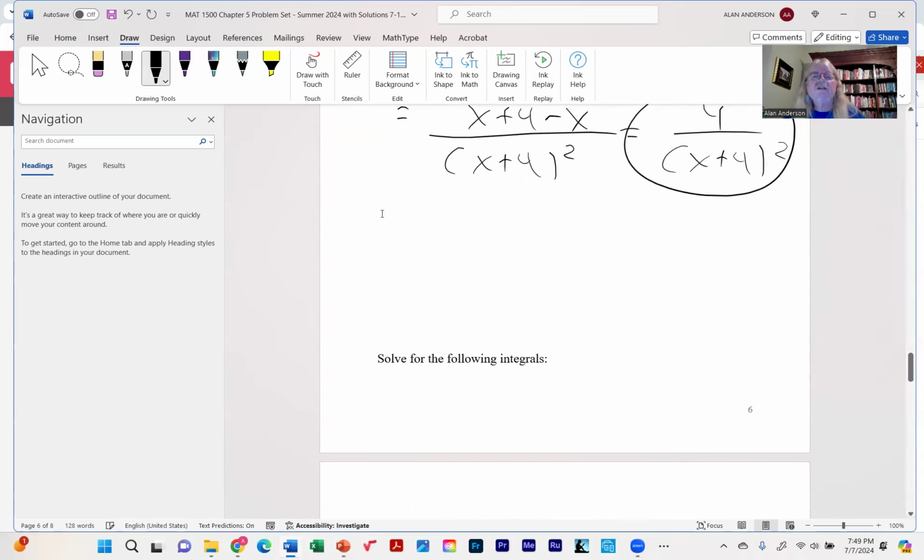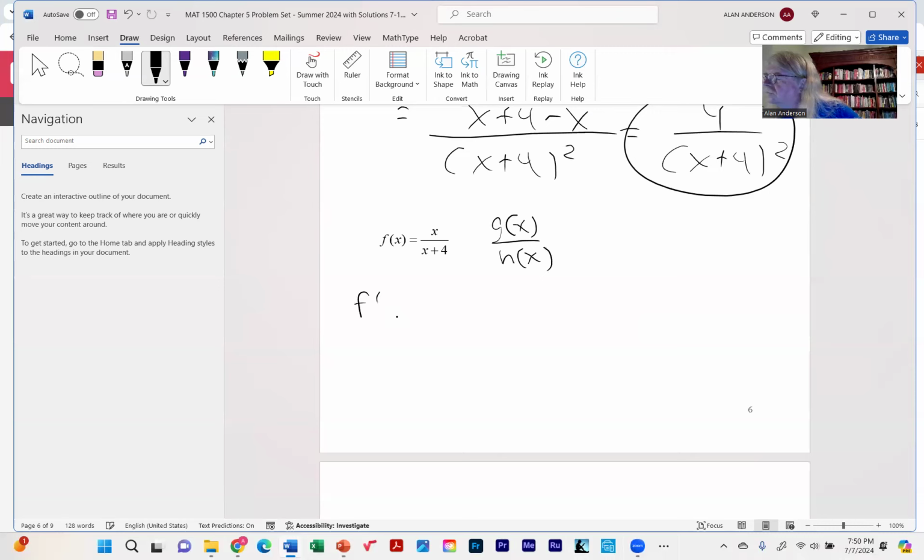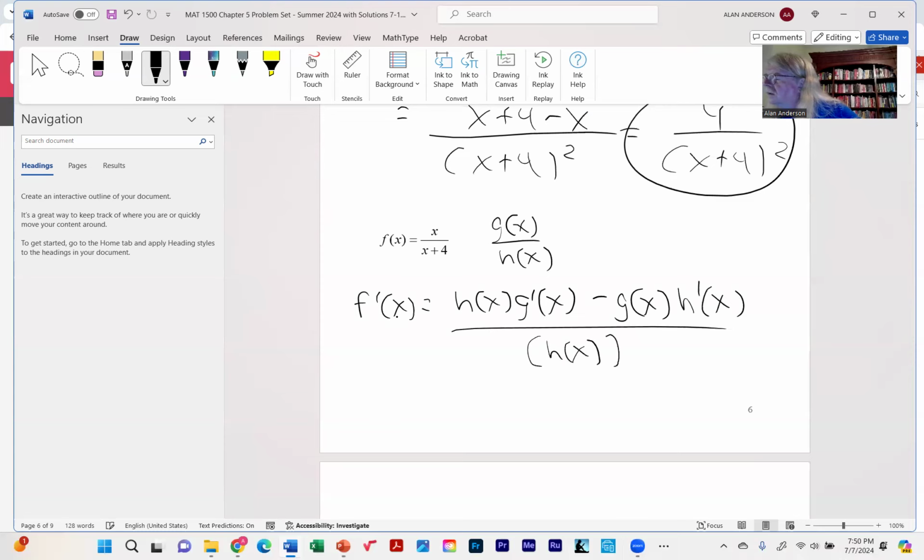Let's just quickly double check this with the quotient rule. All right, so then g prime of x will be 1, as we saw.